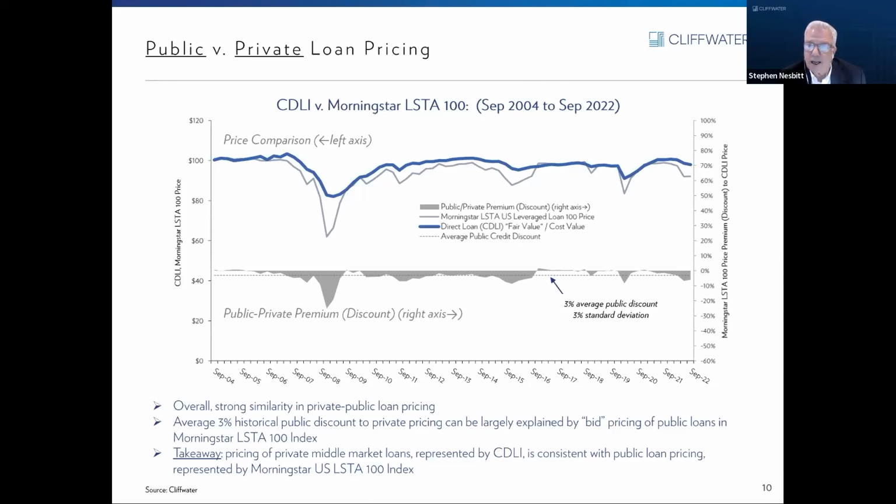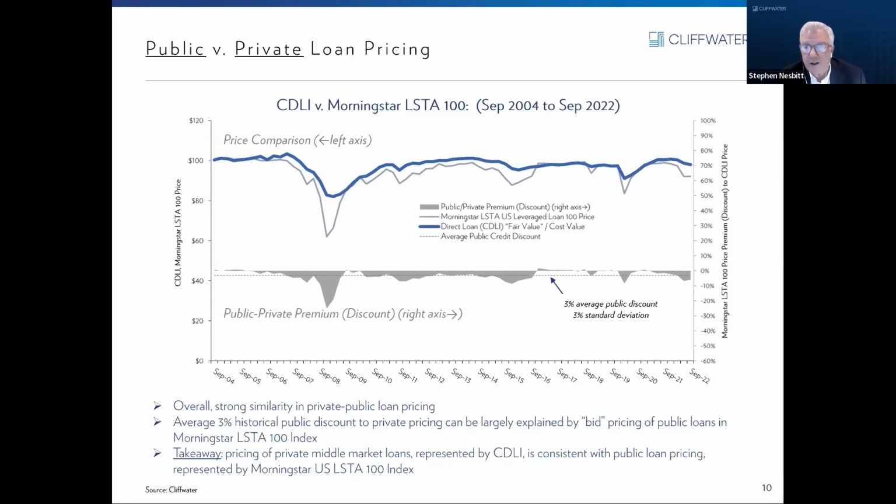Let me ask your eyes to move down the page to the graph below, which basically plots the premium or discount between the private and the public loans.